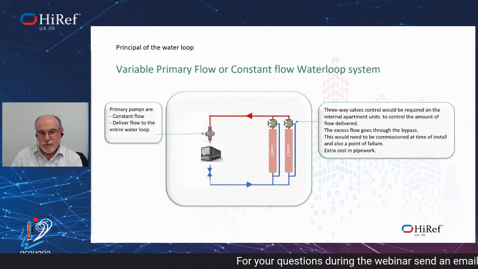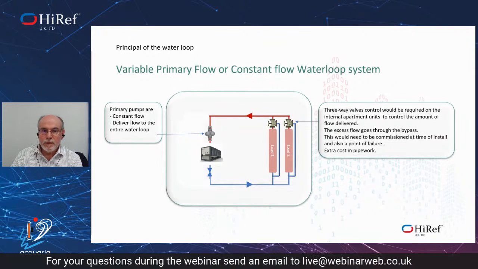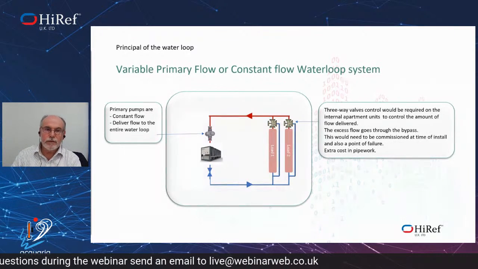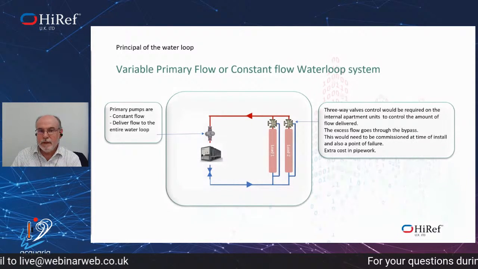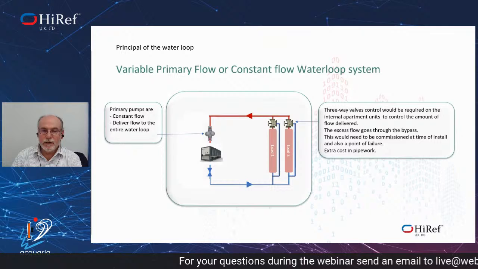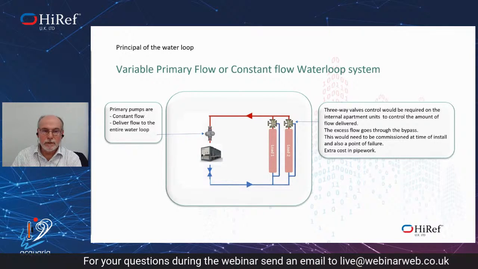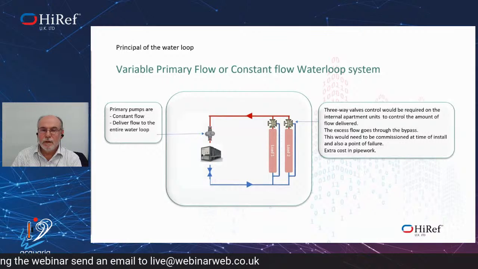Now, the other thing to consider is that the loop itself, is it going to be a constant flow or is it a variable flow? If we put a heat pump in, they could operate on variable flows with variable water temperatures from the heat pump.